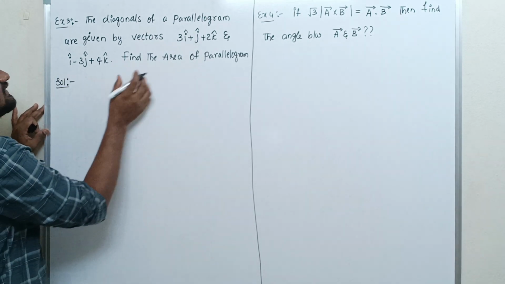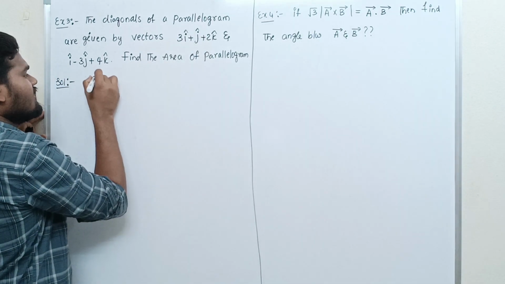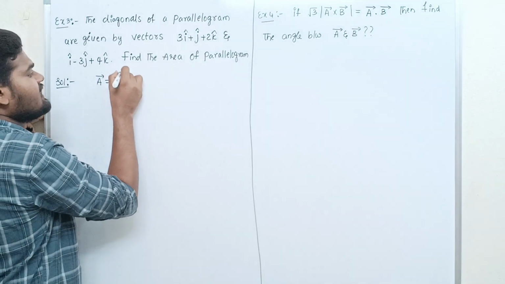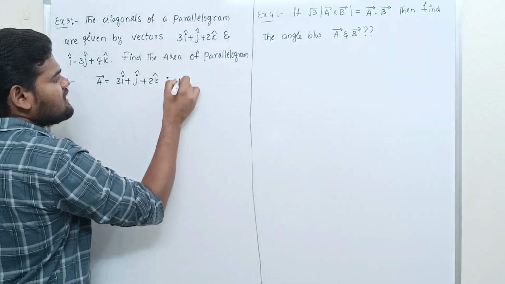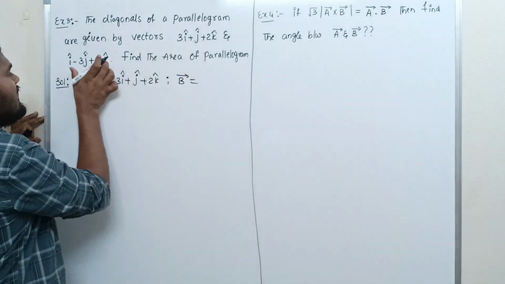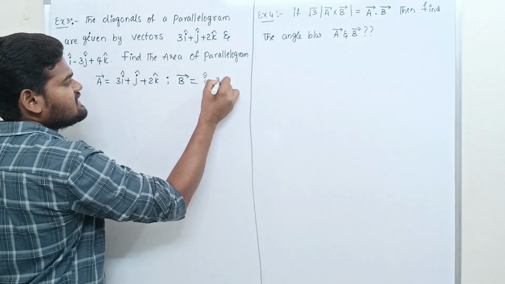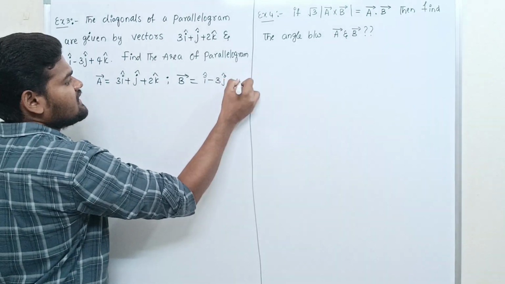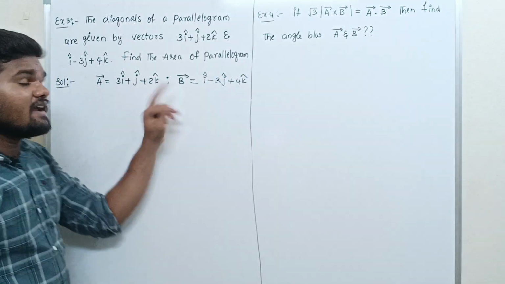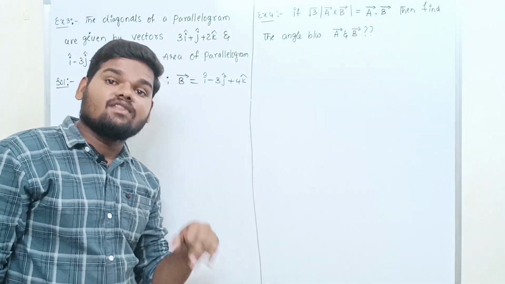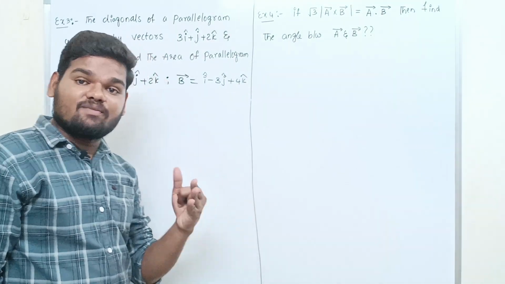Let us consider a bar vector equal to 3 i cap plus j cap plus 2 k cap, and b bar vector equal to i cap minus 3 j cap plus 4 k cap. These two vectors are the diagonals of the parallelogram and we have to find the area of the parallelogram.